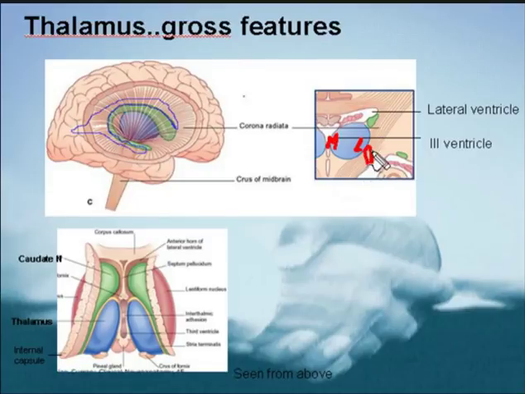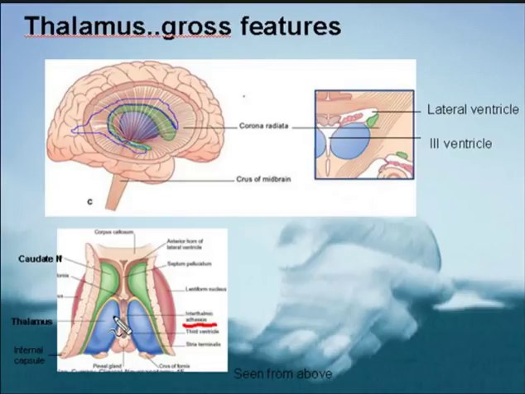So this here is the internal capsule. So the lateral surface of each thalamus is related to the internal capsule. Also, in between, the two thalami are attached to each other over here, as I told you, by something known as the interthalamic adhesion. So this interthalamic adhesion passes through the third ventricle.